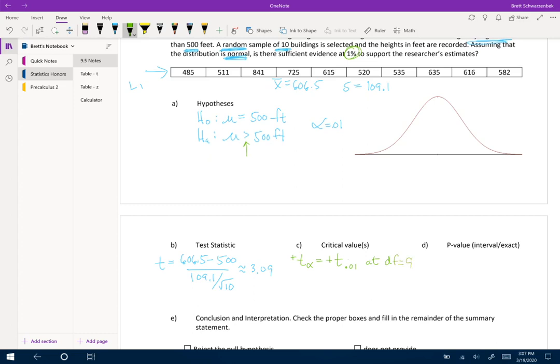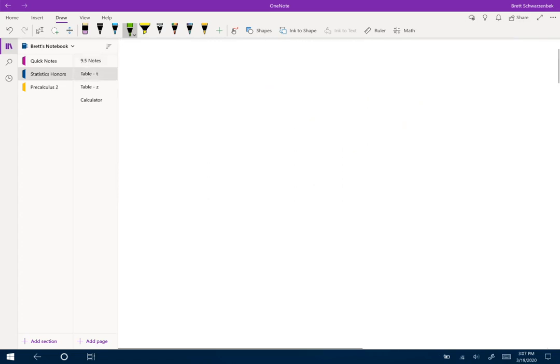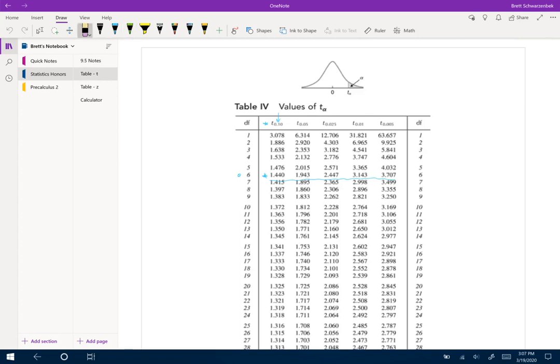So what do we do? Again, we can revisit our t-table, where we can find t sub 0.01 at 9 degrees of freedom. So we're here. Therefore, it looks like we have 2.821 as our value of importance.